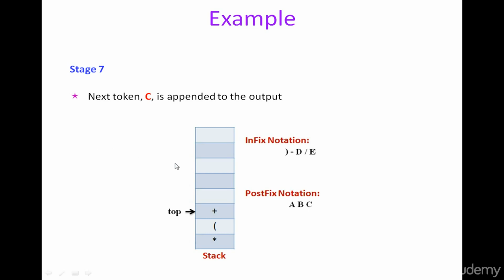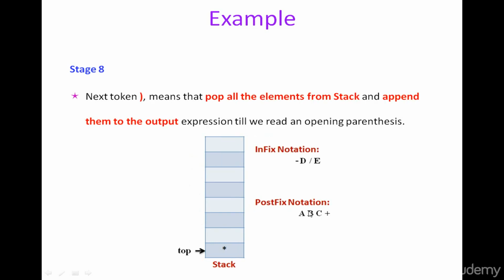So how many operators are there? There is only one operator between the opening and the closing bracket. So we will pop this operator and append it to the postfix notation.